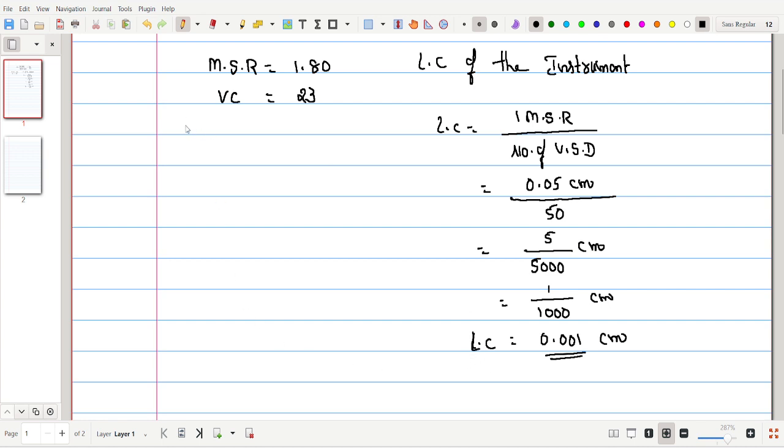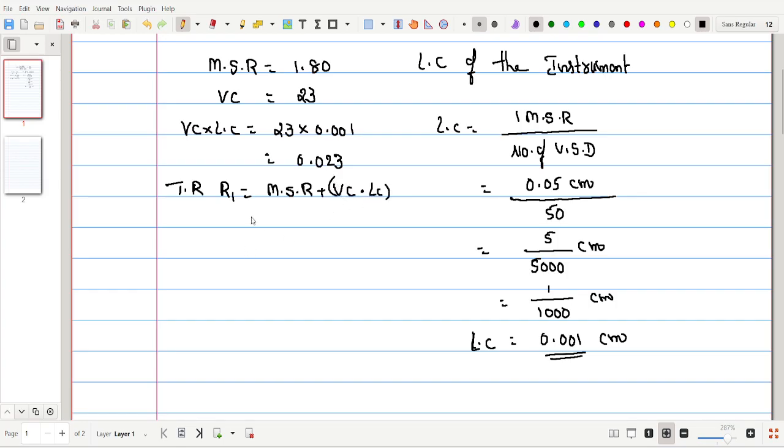Therefore, vernier coincidence into least count is 23 times 0.001, which equals 0.023.